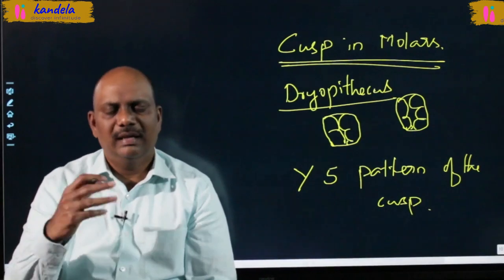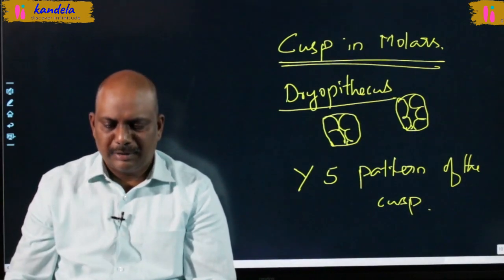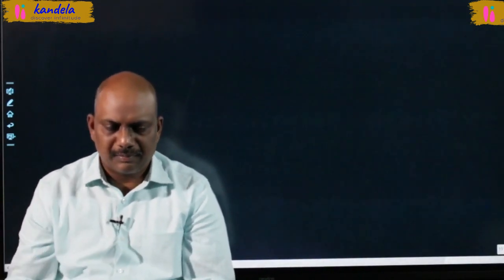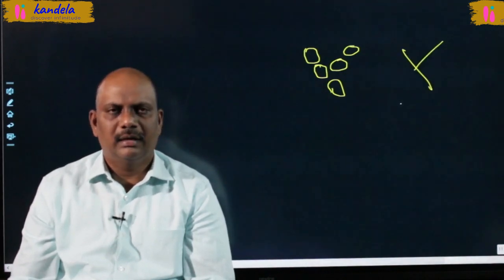Actually, it looks like an inverted Y. So the cusps are arranged like this. It looks like an inverted Y, right?